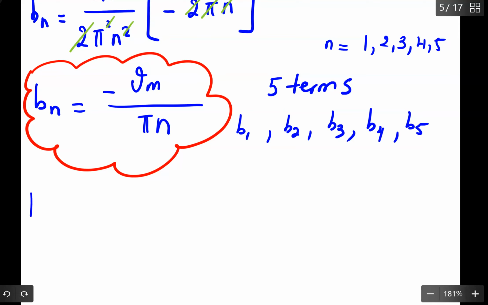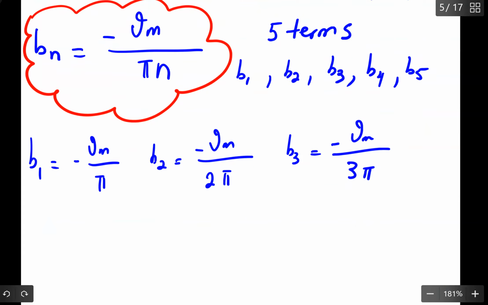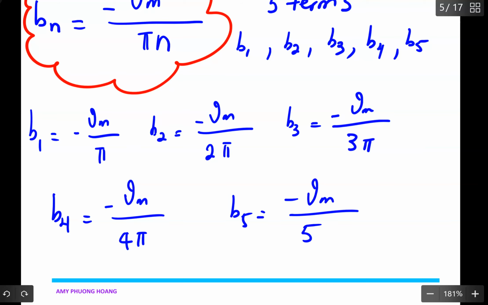So B1 will be equal to minus V max divided by pi. B2 will be minus V max divided by 2 pi. B3 equal to minus V max divided by 3 pi. B4 equal to minus V max divided by 4 pi. And B5 will be minus V max divided by 5 pi.